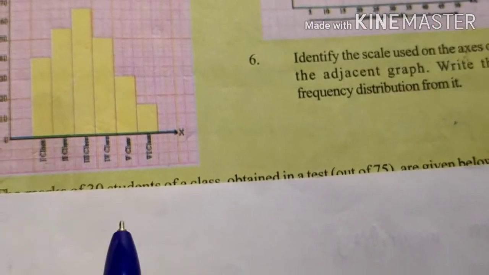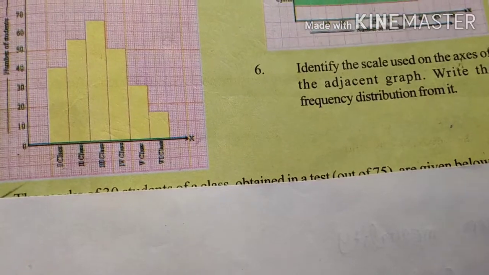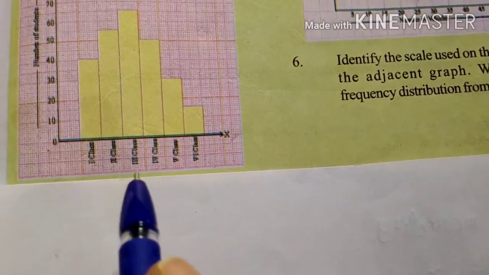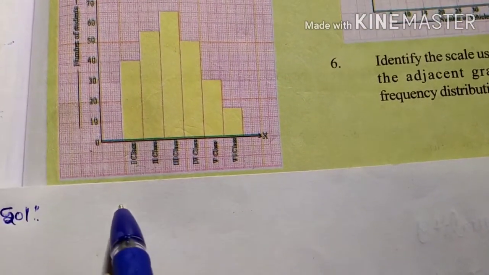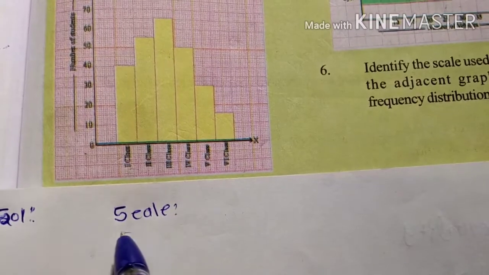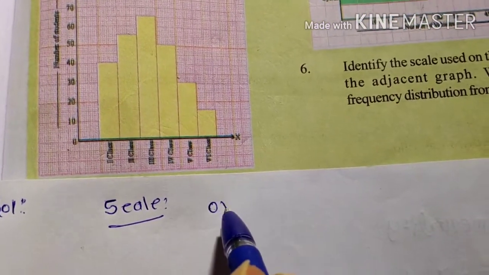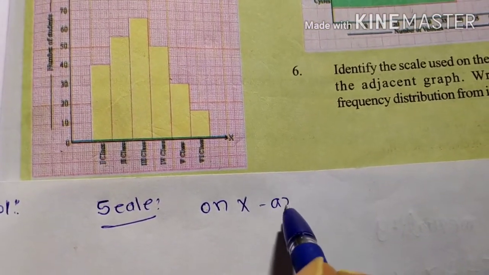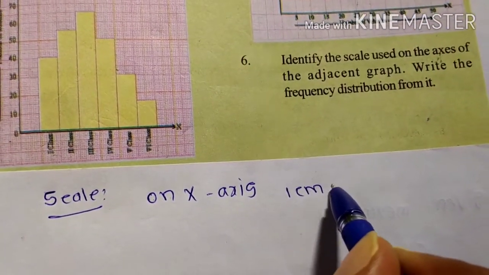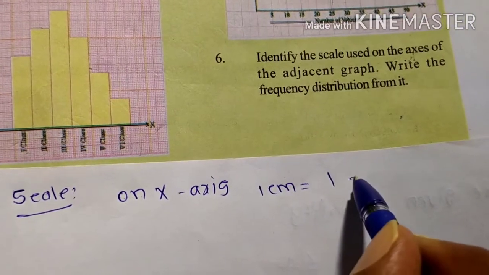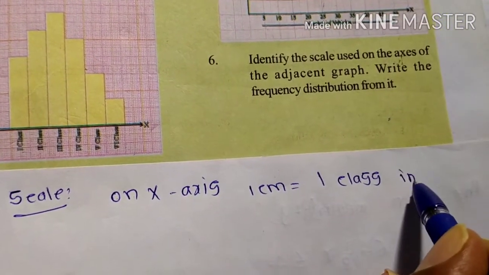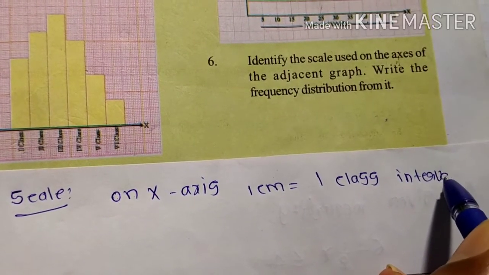So that now you can write here clearly. Now write on the x-axis, you can write here scale. I am writing on the x-axis, 1 centimeter is equal to 1 class interval.